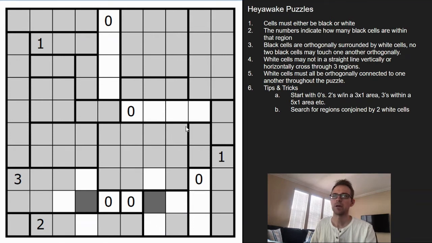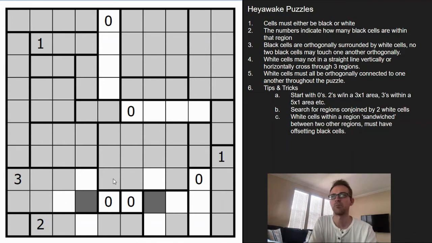And the next thing I wanted to point out, and this might be a little hard to explain, but I'm going to do my best, is make sure that when there's three regions and you have white cells in the middle, I kind of consider this a sandwich, right? We have three regions that are conjoined by two white cells in the middle.